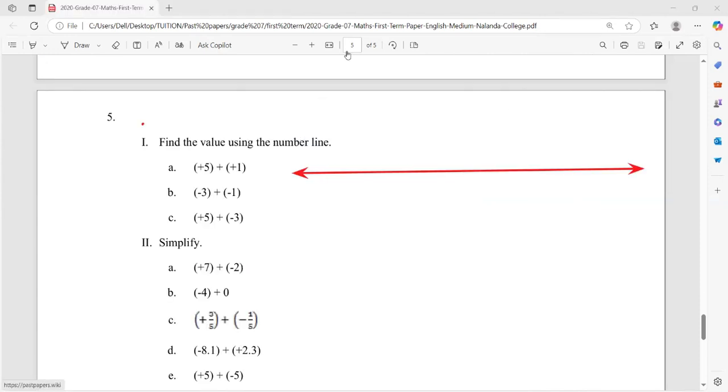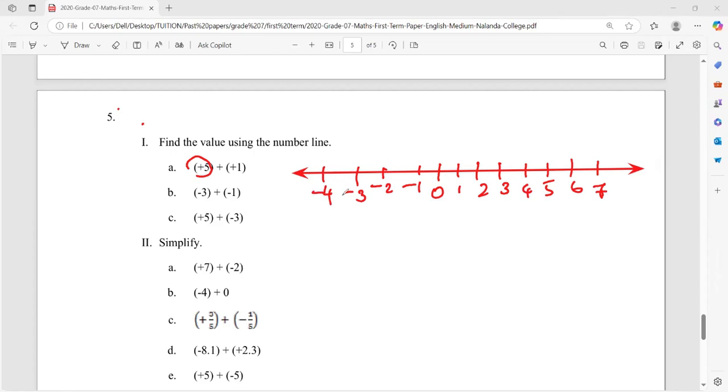Okay, let's do the fifth question. In this one, you have to find the value using the number line. For that, we first have to draw a number line. Let's mark these values: 0, 1, 2, 3, 4, 5, 6, 7, and -1, -2, -3, -4.